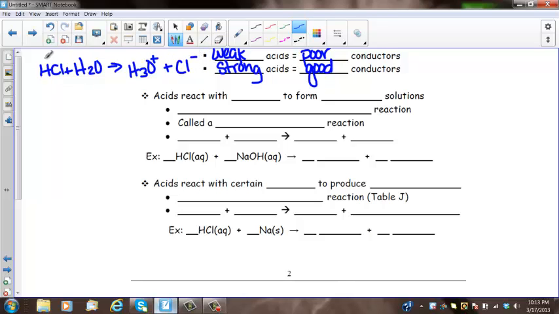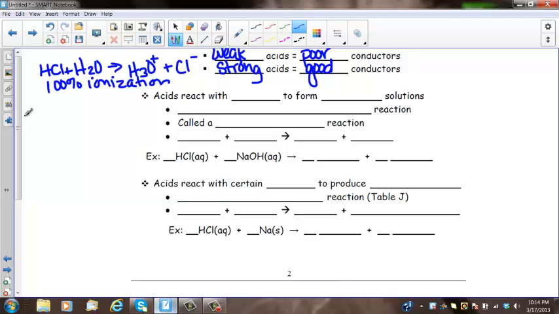So the HCl gives up a hydrogen which goes to the water and it becomes hydronium ion, which is an indicator that an acid is present. And this ionizes 100%. So you have 100% ionization with a strong acid.